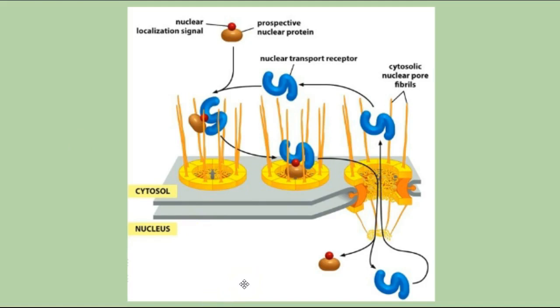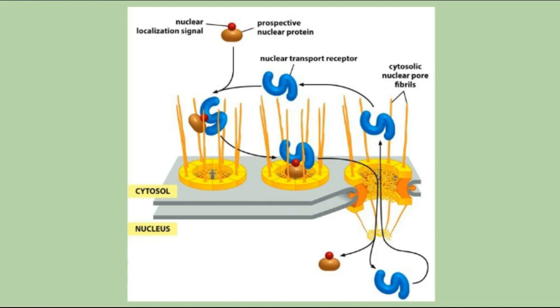So in this picture, you can see what we just discussed. You can see the protein that is trying to get through the channel, and you can also see the nuclear localization signal, which is the red dot that is attached to the protein. So as the protein reaches the pore of the nucleus, the nuclear transport receptor binds to the red dot, which is the localization signal, and helps that protein get transferred through the pore.